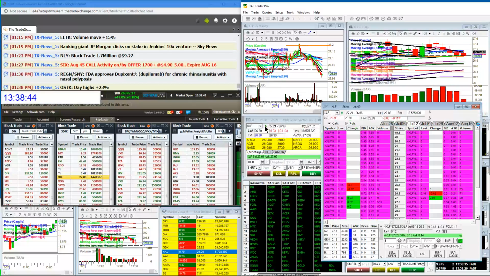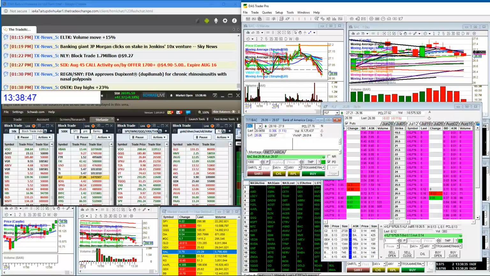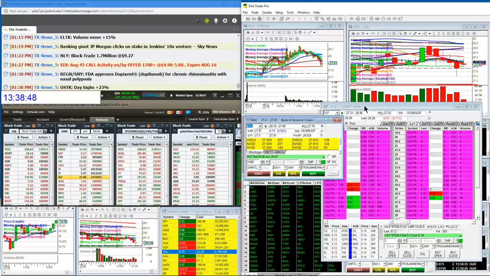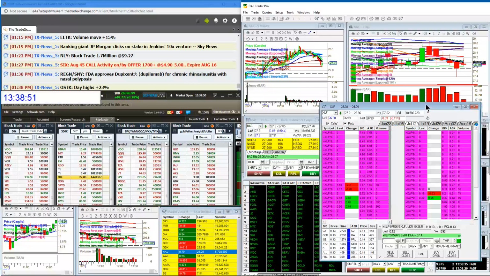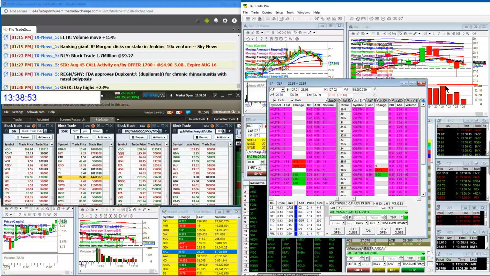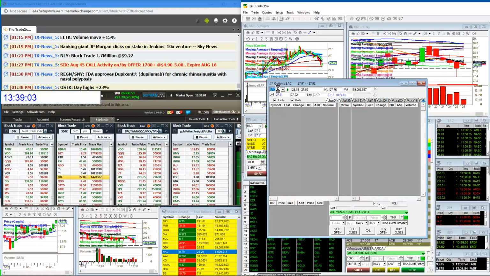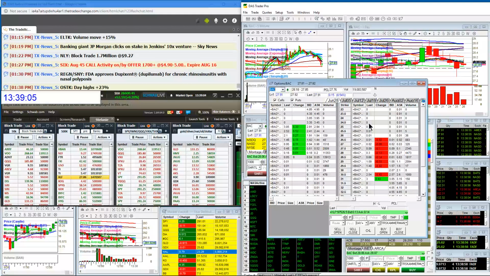So I'm going to punch up Bank of America, give you another example. And let's see on the daily chart. Yeah, I love this. Bank of America is usually one of my faves. So if it closes weak on Bank of America, let me switch to it. It usually moves a little bit faster. Bigger ATR.